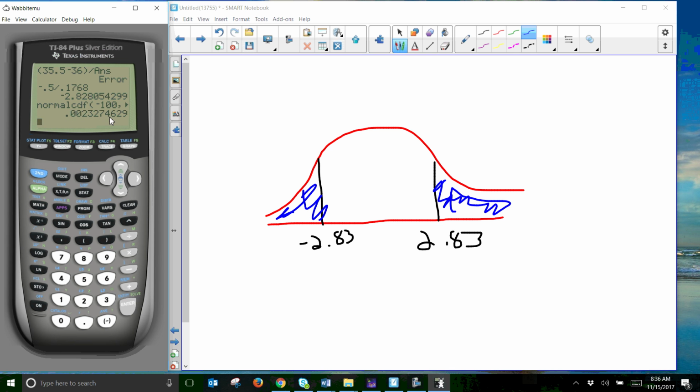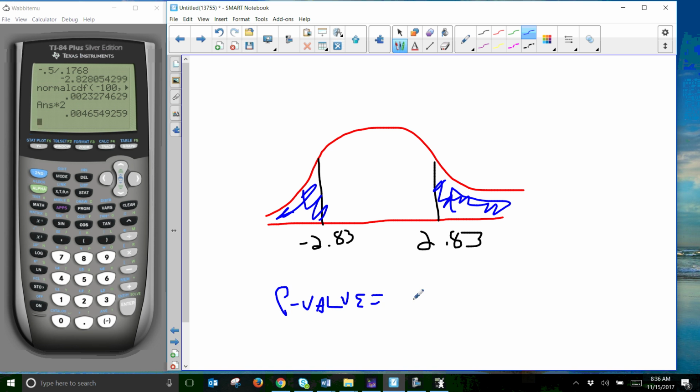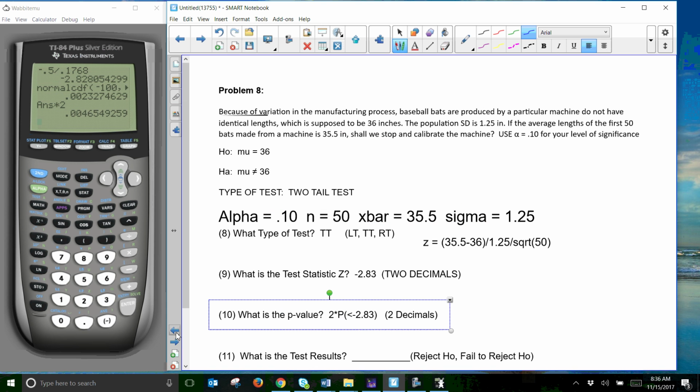That gives me 0.0023. That's one tail, so I have to multiply that by 2. So therefore, the total area, my p-value, is equal to 0.0047, we'll call it.